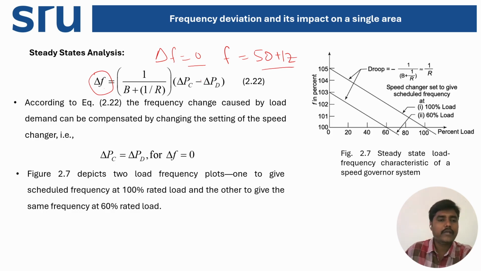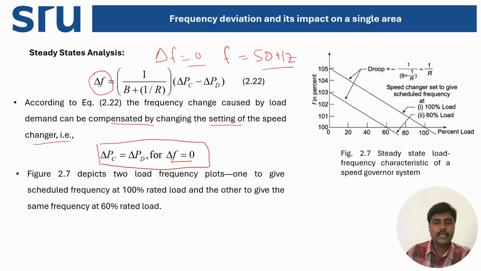Which will show that the frequency change caused by load demand can be compensated by changing the setting of the speed changer. That means whenever there is a change in the load, simultaneously you have to change the speed changer setting in the speed governor until the delta F value will become equal to 0, where delta PC also will become equal to delta PD.